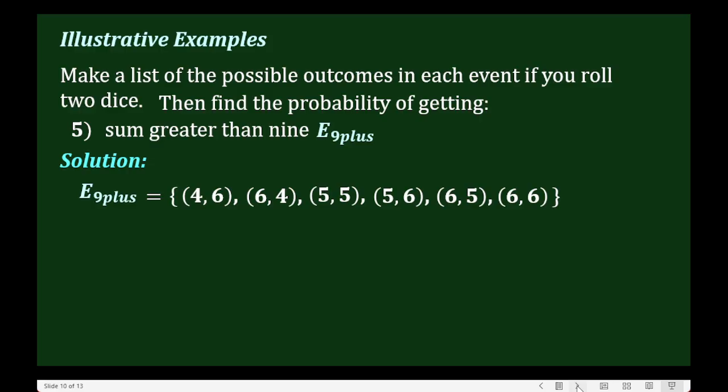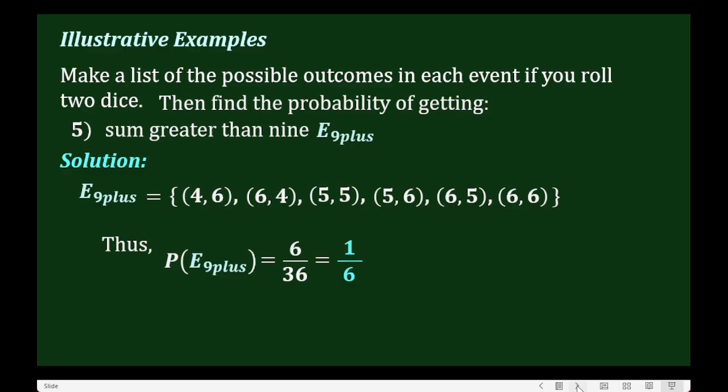So to get the probability of E sub 9 plus, we have for the numerator, the number of elements from this event, which is 6 over the sample space, which is 36. And reduce this fraction to its simplest form, that is 1 over 6, which is our answer.